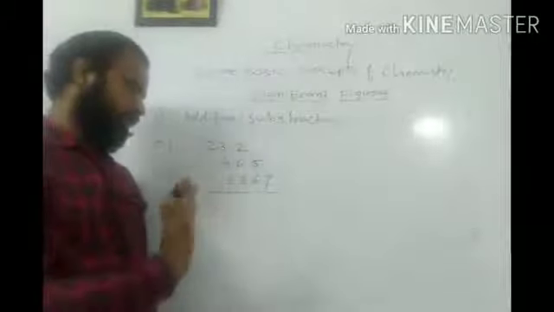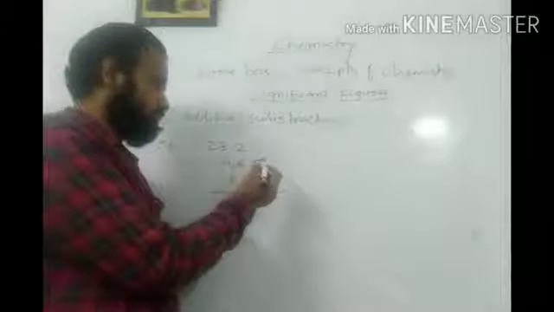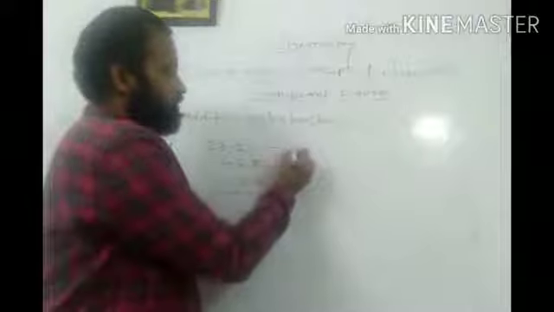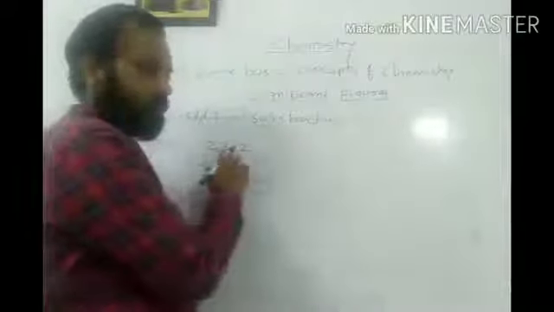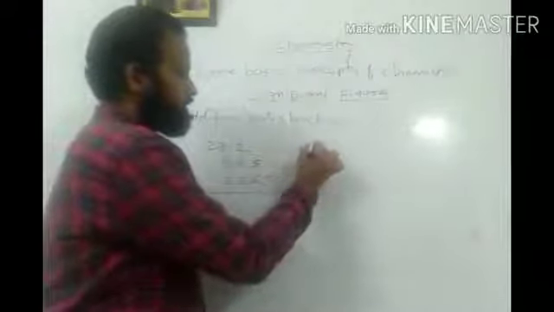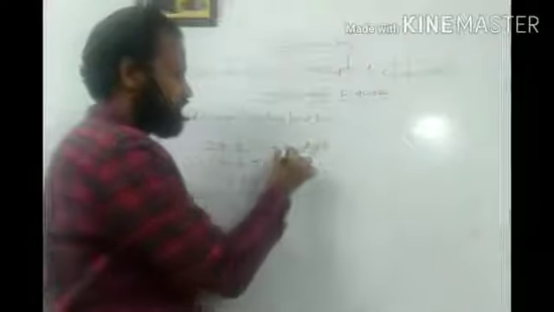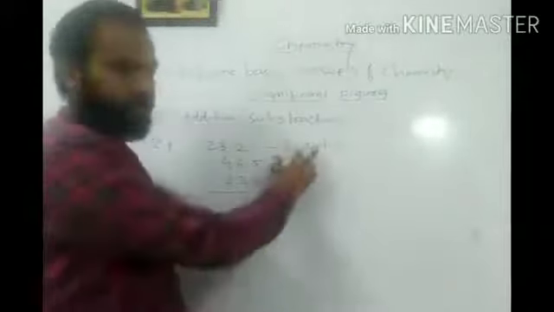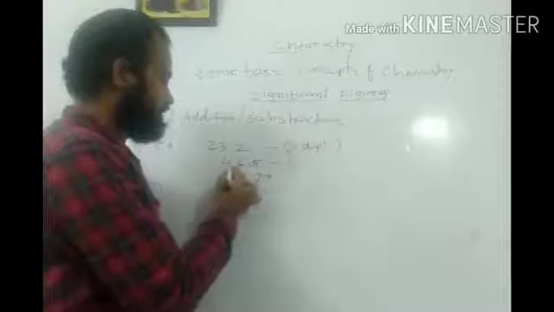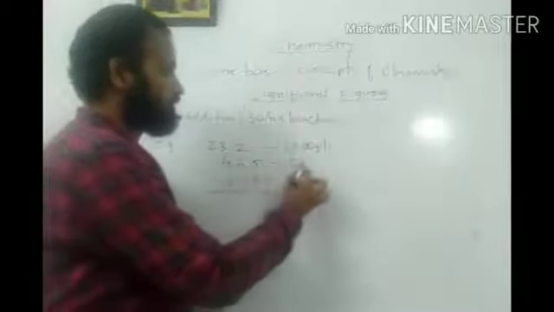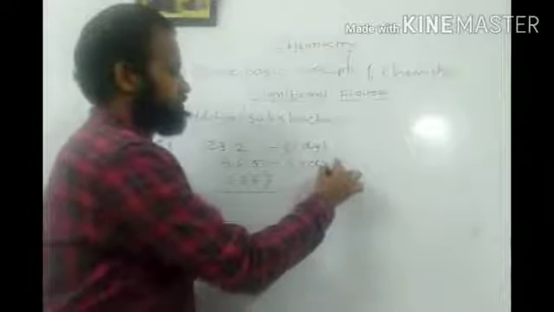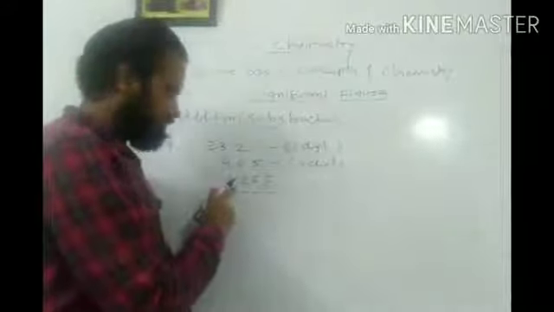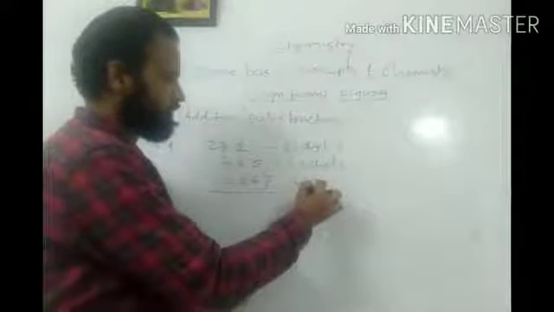Before addition, after the decimal point the first number has one digit, the second has 2 digits, and the third has 3 digits.